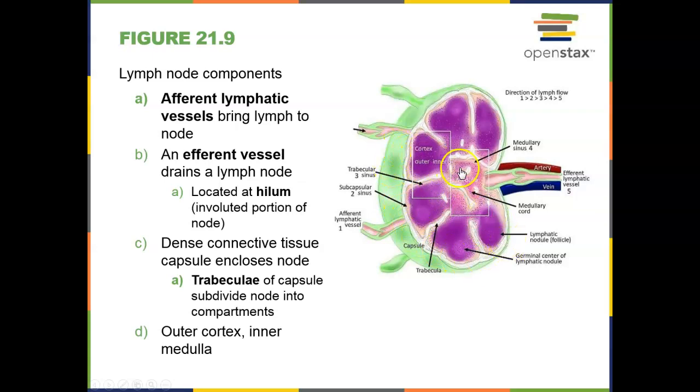And as the fluid moves, any pathogens that are in the fluid are going to be recognized and killed off, and immune system cells will start to proliferate, which can cause swelling in those lymphatic nodes. And then the fluid leaves through the efferent vessel and heads back to the heart.